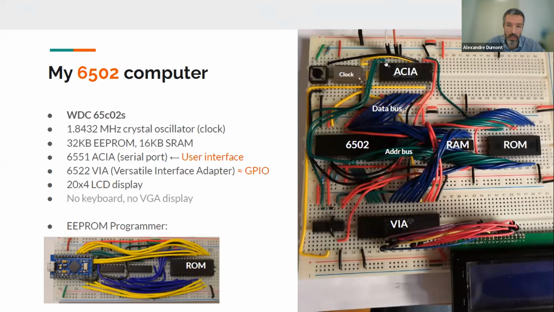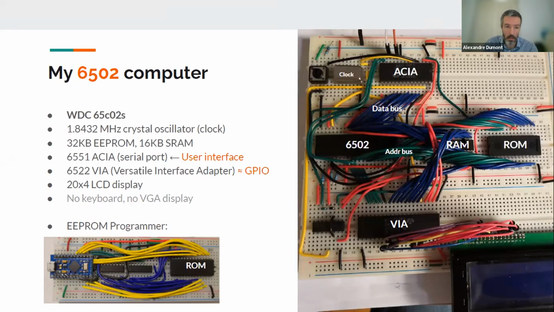I just added some components at the top. So basically the computer has a 65C02S processor, which is the most modern version of the late 6502. This one is a CMOS version and a static one, which means that you can slow down the clock, or you can even pause it and it will still retain the register values.